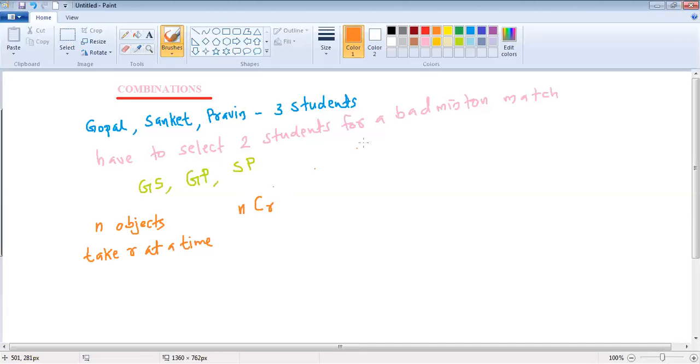Permutation was nPr, here nCr. nCr means number of combinations of n objects taken r at a time.